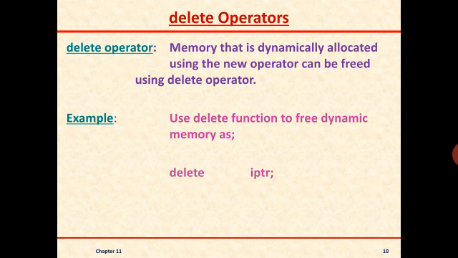For example, we use delete to free the dynamic memory as delete iptr. Earlier I created the pointer variable iptr. Now I am using delete iptr; which means the memory will be released.